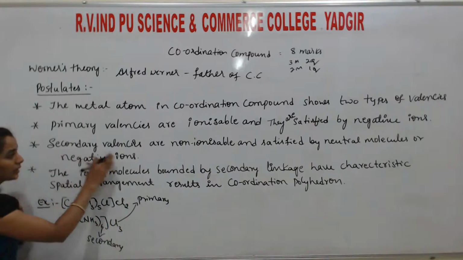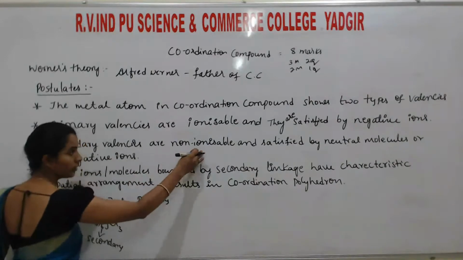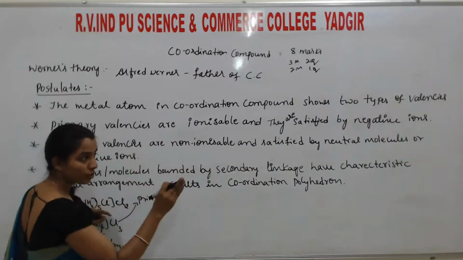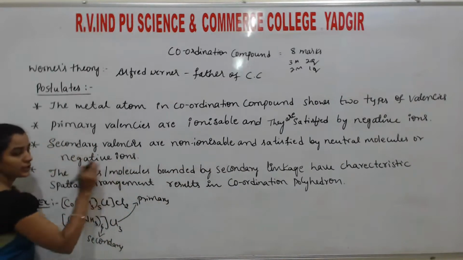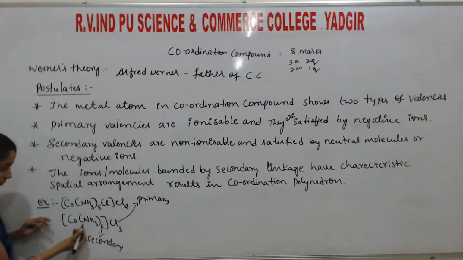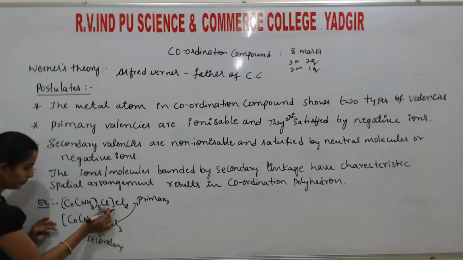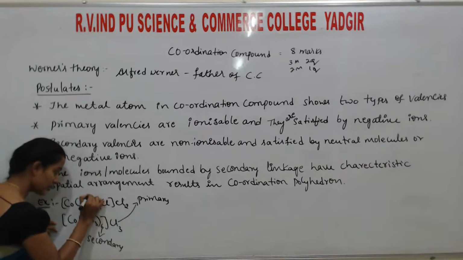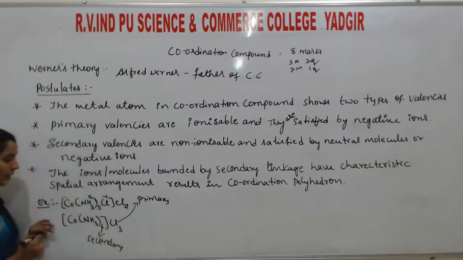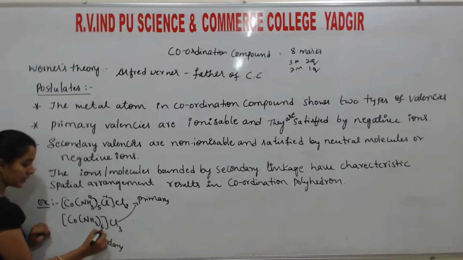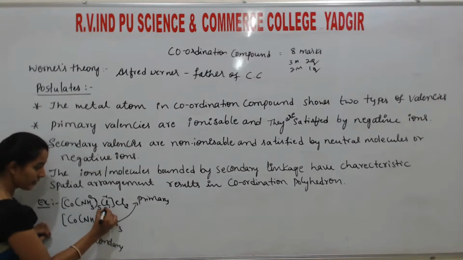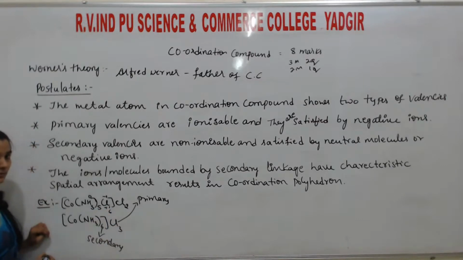Next, secondary valencies are non-ionizable and are satisfied by neutral molecule or negative ions. Here, consider this example. Here, the charge is 0. Here, the charge is -1. So, this secondary valency here is 6. Here, 5 plus 1 means 6.